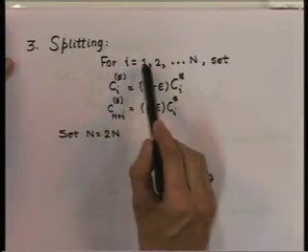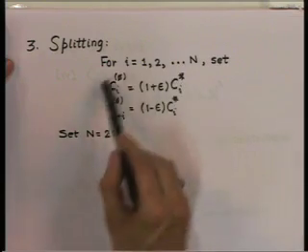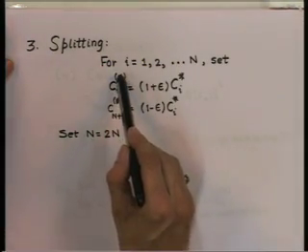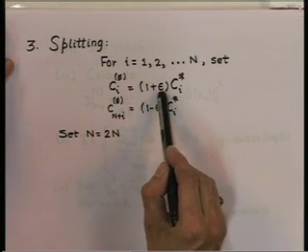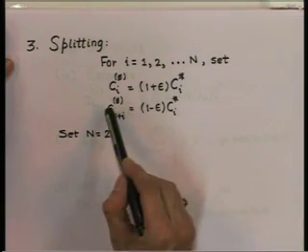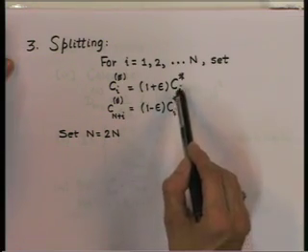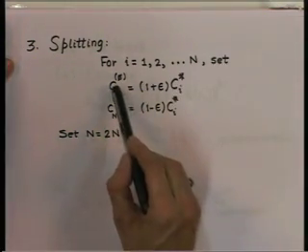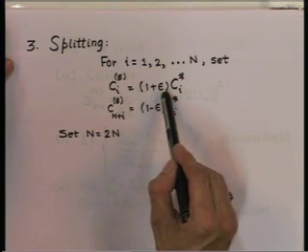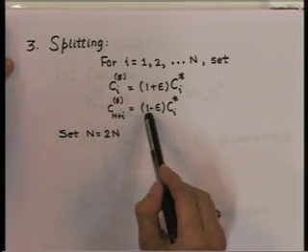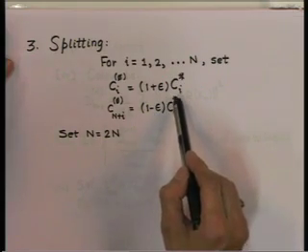So, for I equal to 1 to 2, we have to compute this. We will get C10 as (1 plus epsilon) C1 star, C30 equal to (1 minus epsilon) C1 star, C20 equal to (1 plus epsilon) C2 star, and C40 equal to (1 minus epsilon) C2 star.